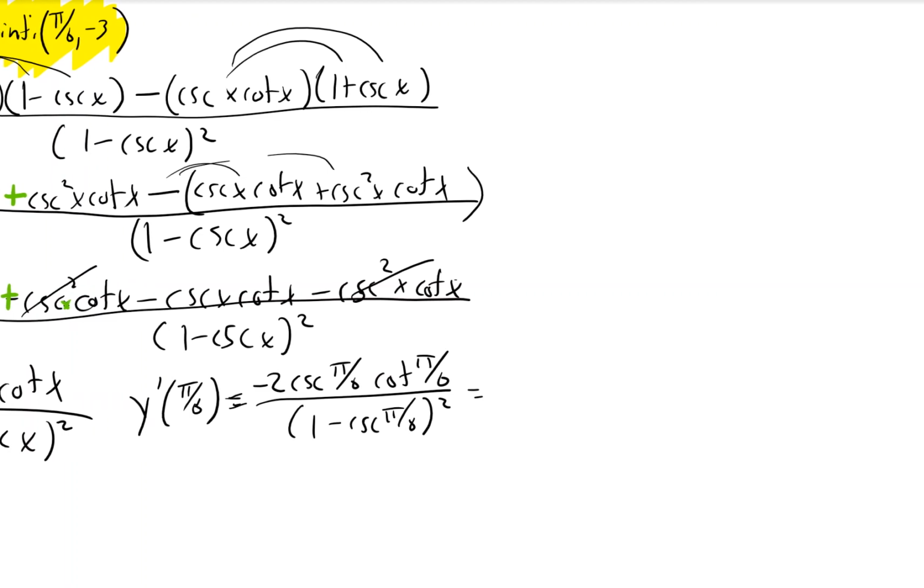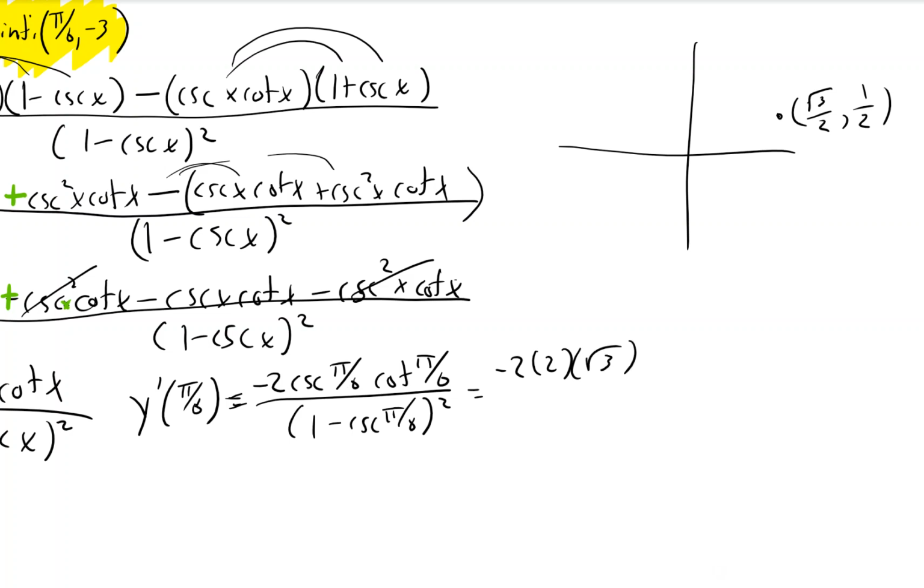Alright, so if we think of the unit circle, pi over 6 has a cosine of square root of 3 over 2, sine of 1/2. So the cosecant will be 2, and the cotangent would be cosine divided by sine, which would work out to be the square root of 3.